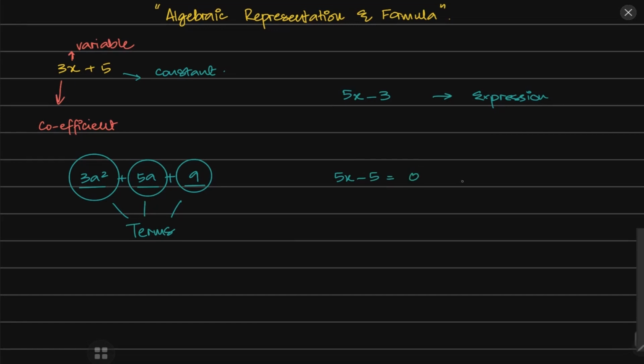This is what your equation would be. There are different types of equations that we're going to be doing, linear equations or quadratic equations, but those are different things altogether.